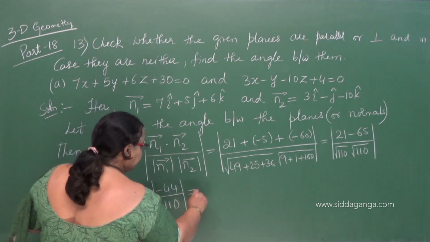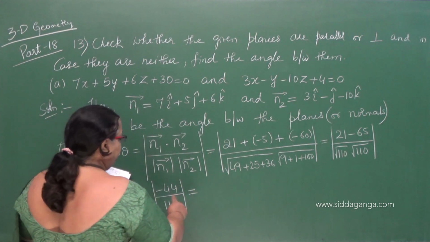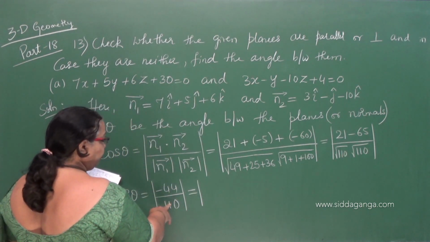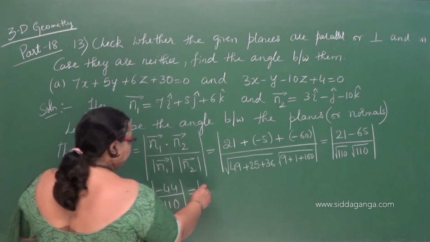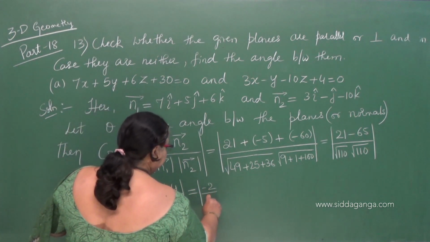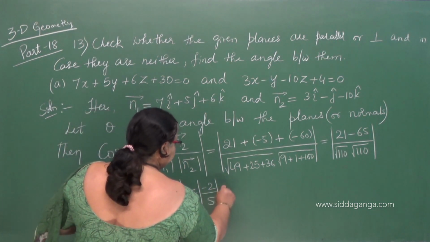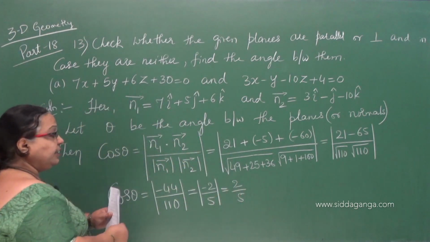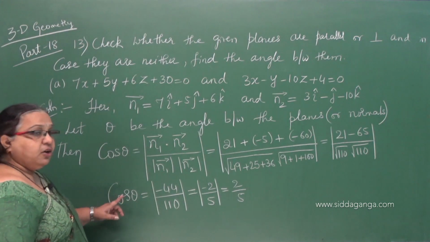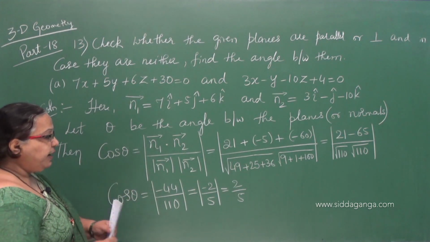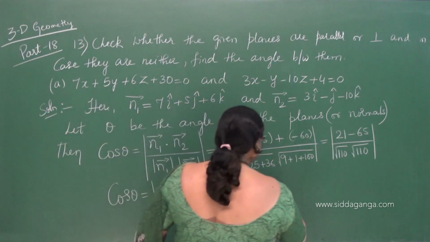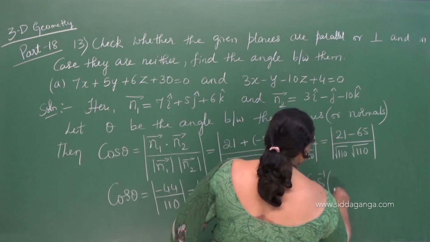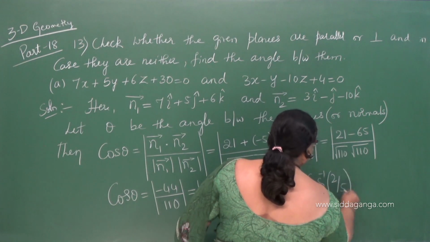Now this is equal to, I think it will be cancelled with 22. So 22 into 2 divided by 22 into 5. Since modulus is there, you take the absolute value, that is plus 2 by 5. Cos theta equal to 2 by 5 implies theta is cos inverse of 2 divided by 5.